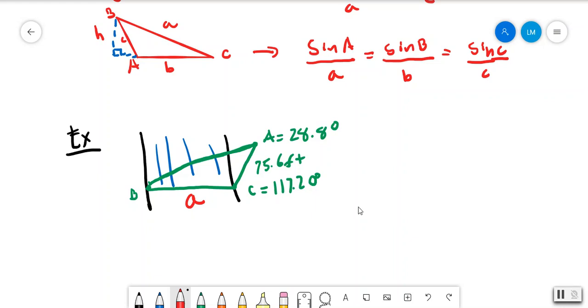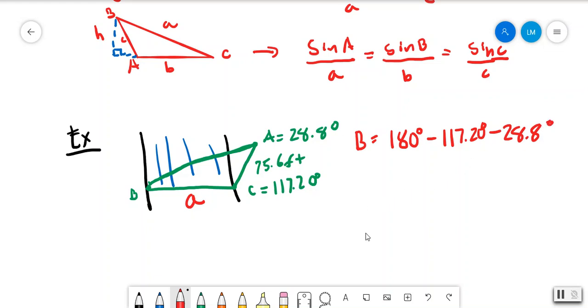Okay, so the thing about this though is that I just need to figure out what the angle measure B is. Well, let's do it like this. We know that B equals 180 minus 117.2 degrees minus 28.8 degrees.